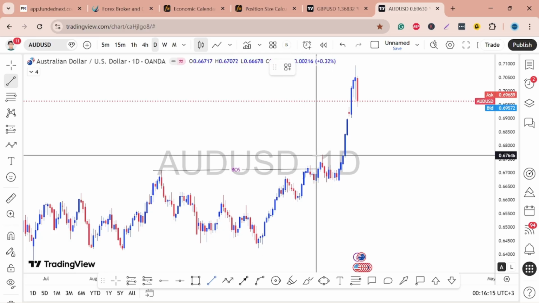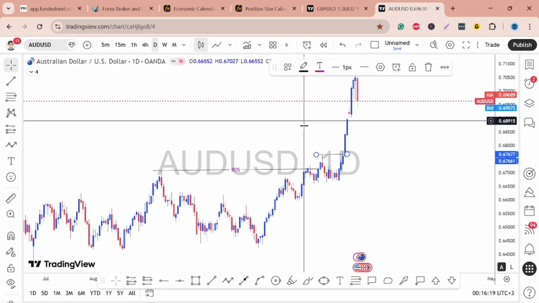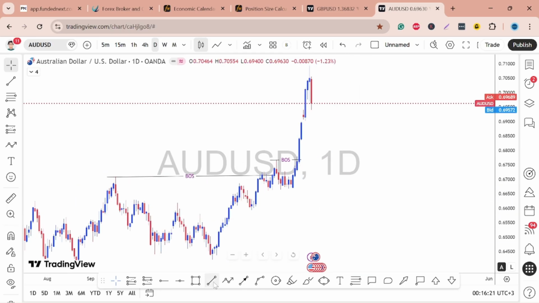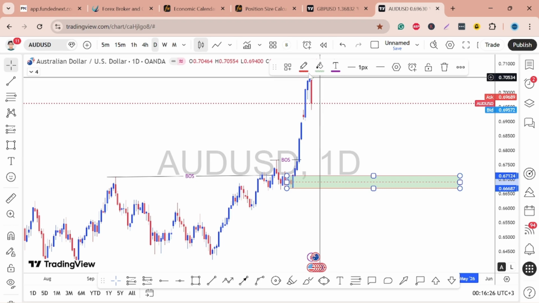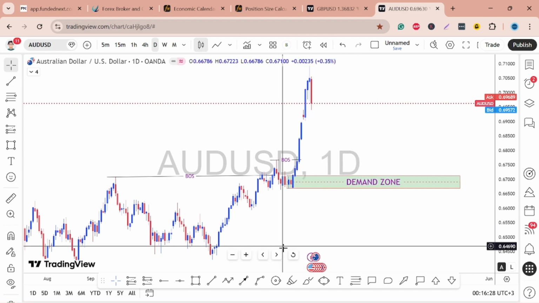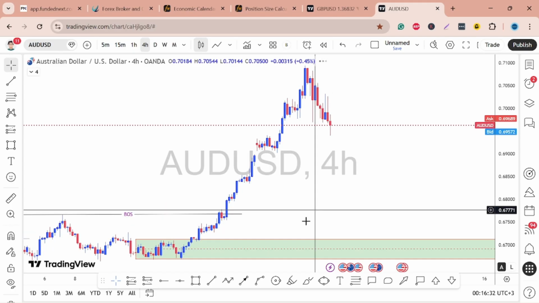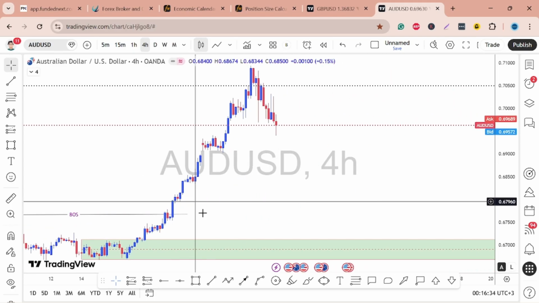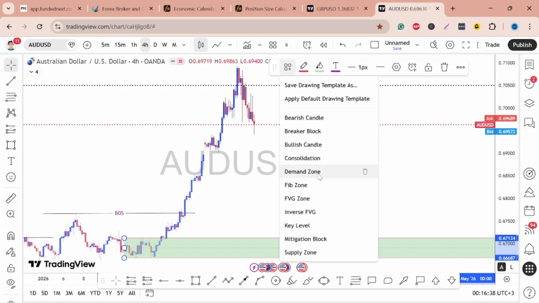We had another break of structure here going up. Price left a very good demand zone from this point on, and if we will be pulling back, expect this to be a point where you might see a reaction on AUD USD.